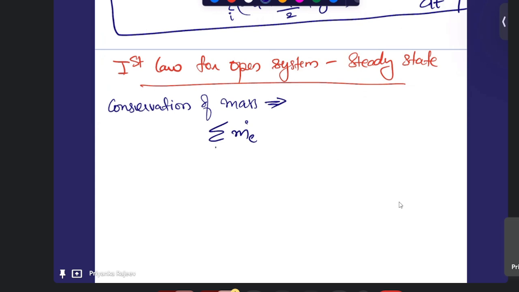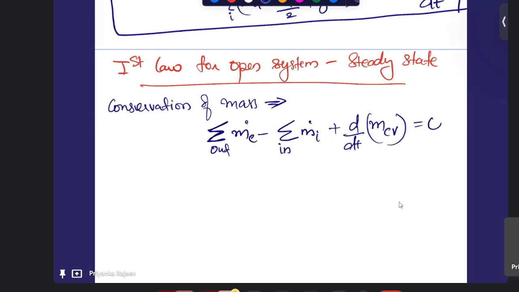Okay. So rate of flow of mass over the outlets minus rate of flow of mass summed over inlets plus d by dt of control volume mass is equal to 0.